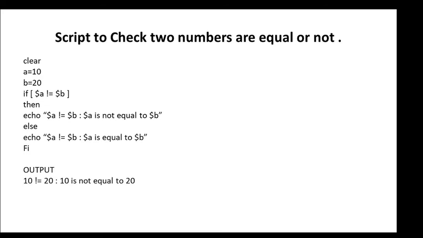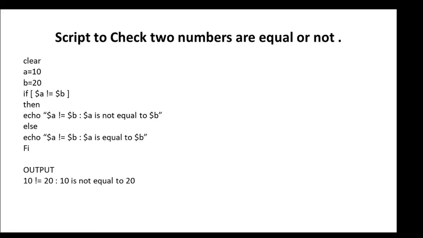If A is not equal to B, then the first number is not equal to the second number. Else, if this condition is false, the first number is equal to the second number.